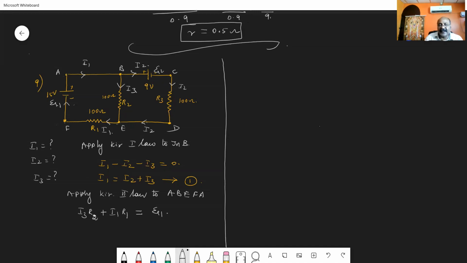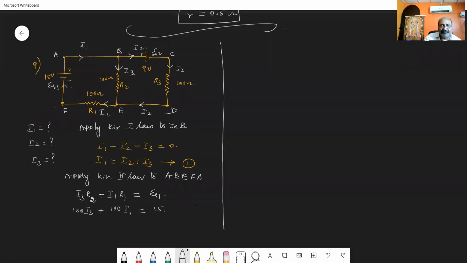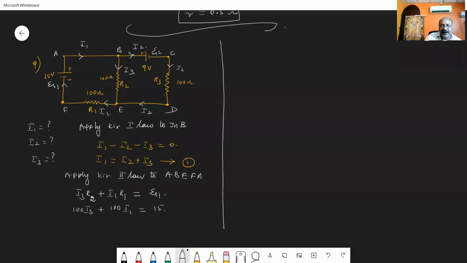Substituting the values, R2 is 100 ohm, so I can write 100 I3 plus, R1 is another 100, 100 I1 is equal to E1, which is 15 volt. But I have already stated in the previous step that I1 is equal to I2 plus I3.